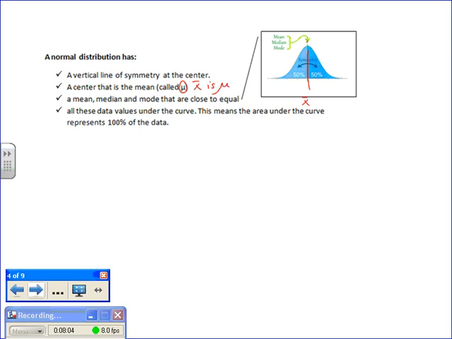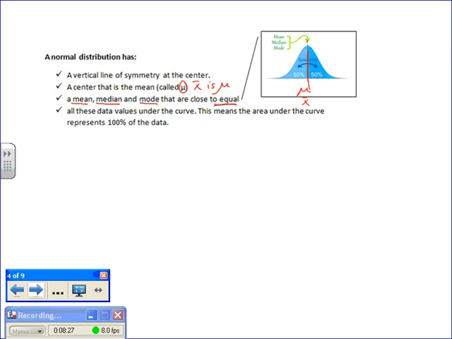That's the letter mu, and mu is the average or the mean. The mean is right at the center there. The mean, median and mode are close to being the same number. They're close to being equal with data that's normally distributed.